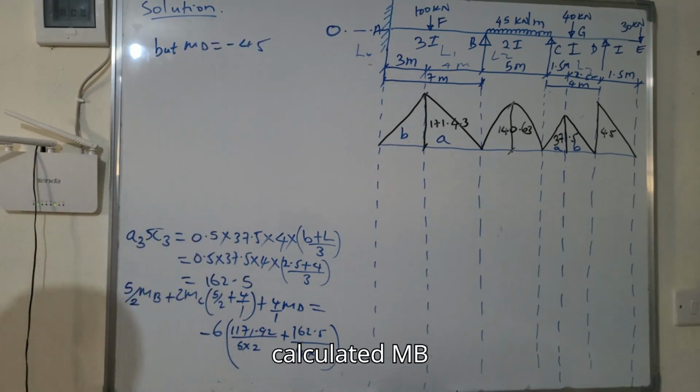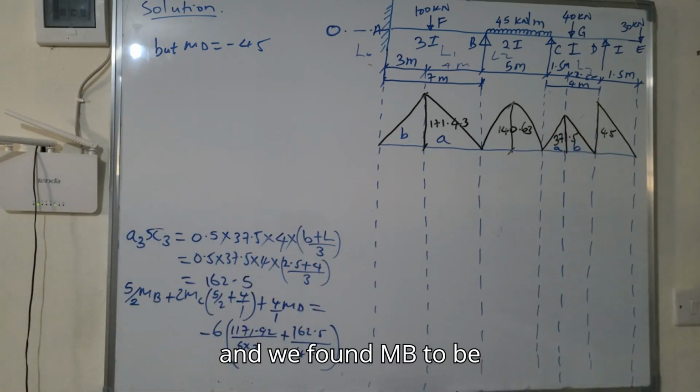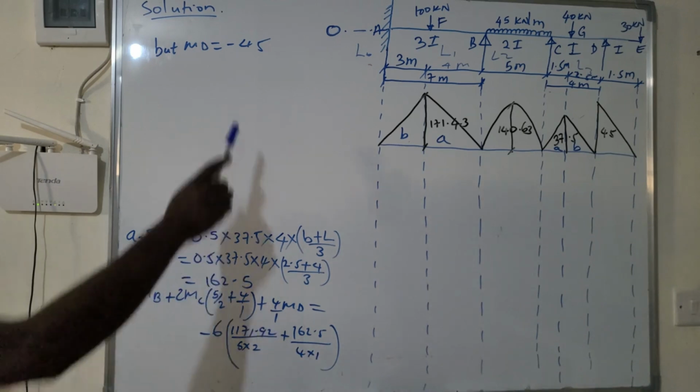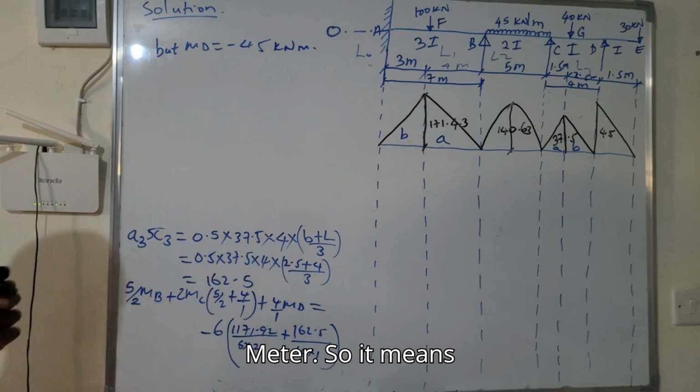Remember, we calculated MB and we found MB to be 45 kilonewton meter.